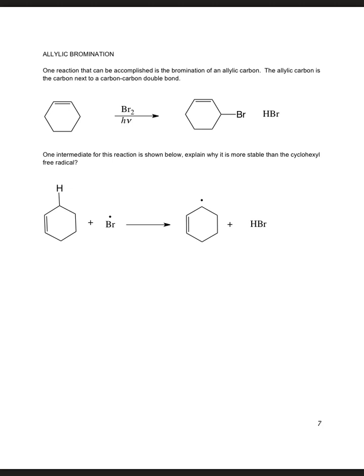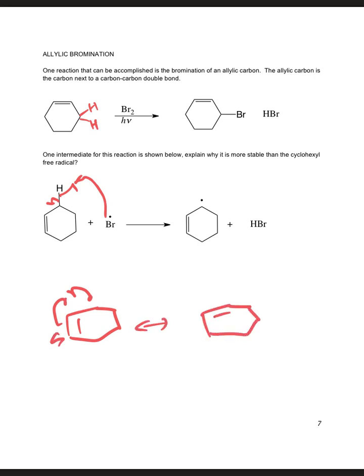So here, with the bromination of a cyclohexene or any alkene that has hydrogens on the adjacent carbon to the alkene, the allylic carbon, we end up getting the bromine abstracting the hydrogen off of the allylic carbon, and that's because once we form this radical, we can draw resonance structures for it, moving the radical around.